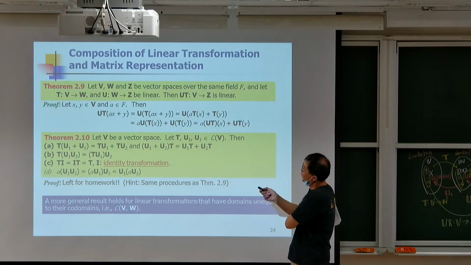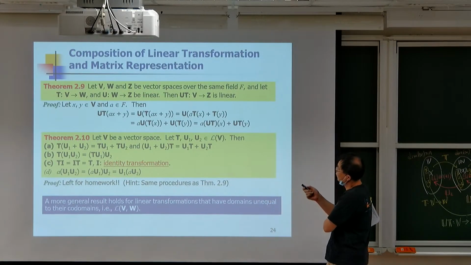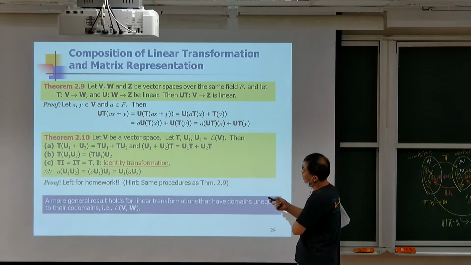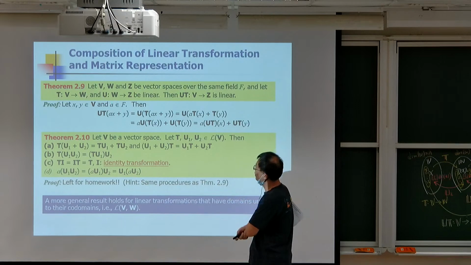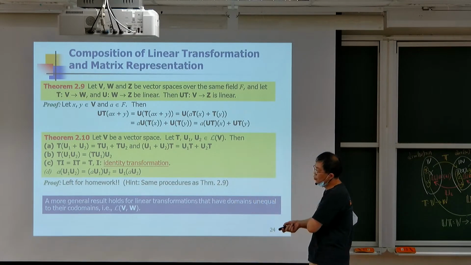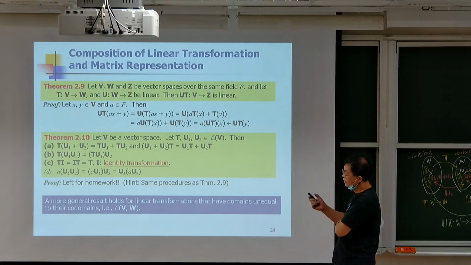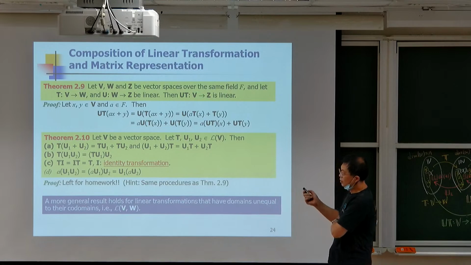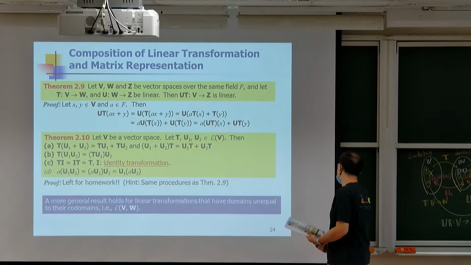So here, let V, W, and Z be vector spaces over the same field, and let T be from V to W and U be from W to Z. They both are linear. Then the composition of linear transformation UT, that is transforming vectors from V to Z, is also linear. So we want to prove that.